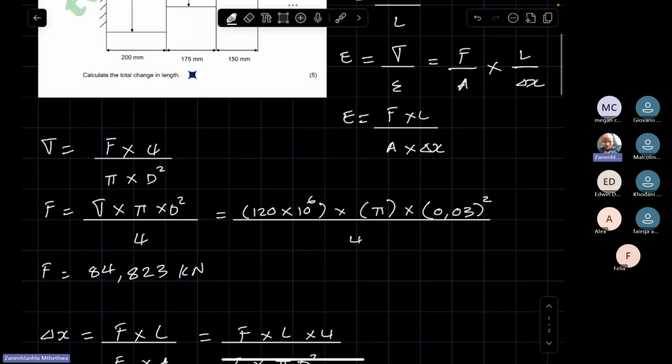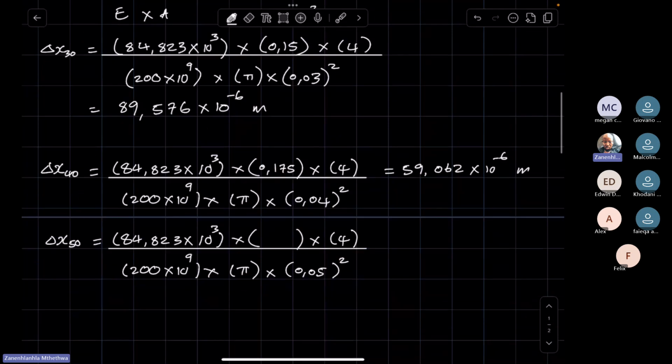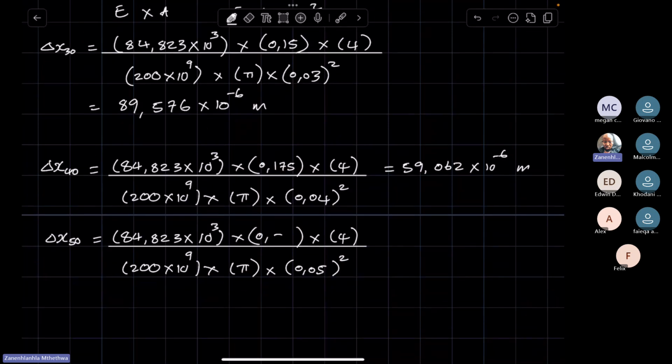Excuse me, the length is 200, so this is 0.2. Right, and see what you get. So that's now 0.2, which is 0.05. What is this equal to?